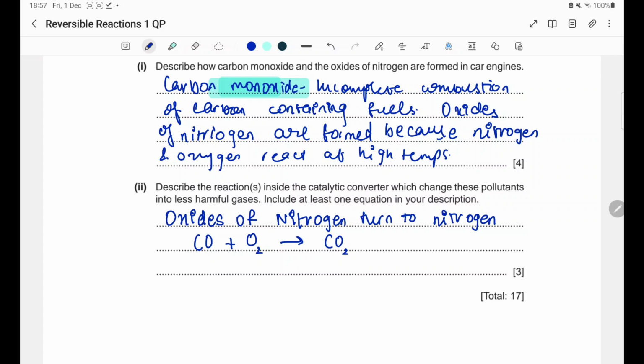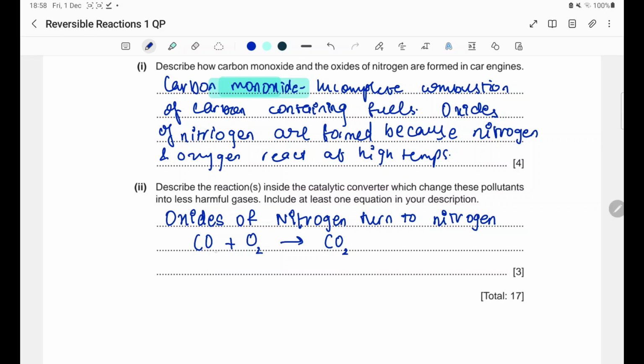Now, you need to make sure in your chemistry exam, every time they ask you to write a chemical equation, even if they do not mention it, you have to write a balanced equation. Your marks are always given in the sense that 1 mark will be for your equation being balanced.